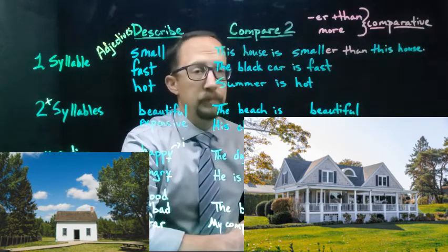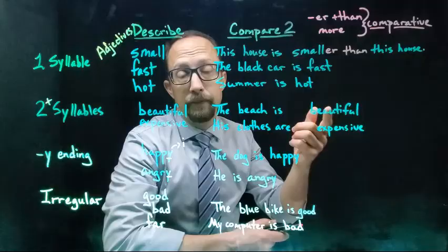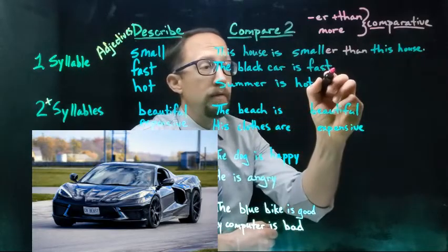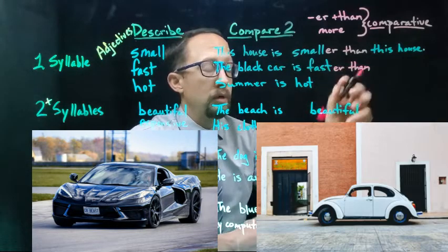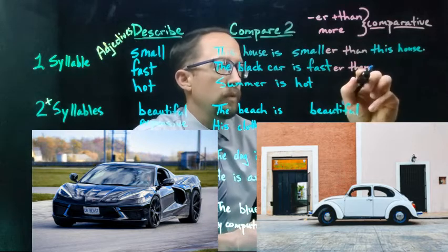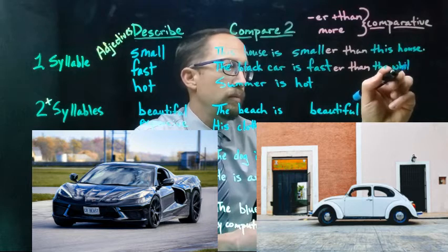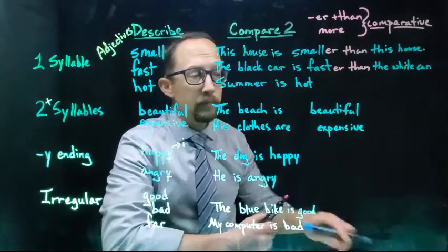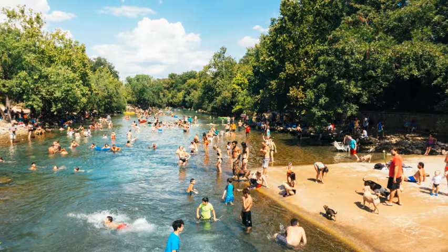You can say the black car is fast. To compare, you say the black car is faster than the white car. You can say summer is hot.